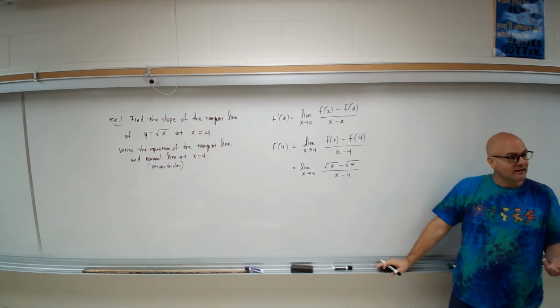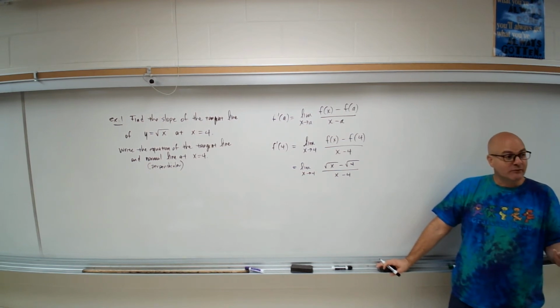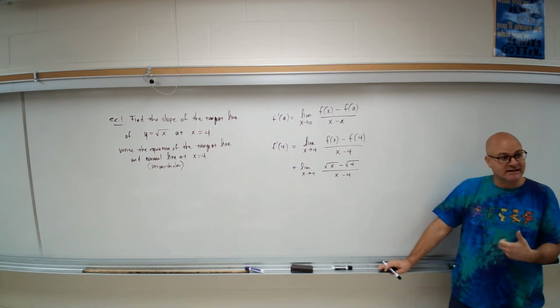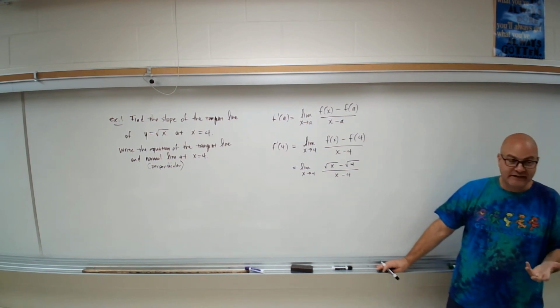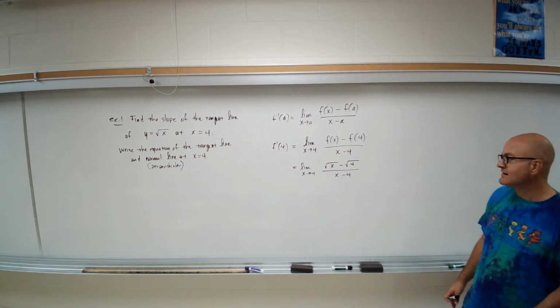You do need to write the limits out here. We're finding these slopes of tangent lines using the limit definition of derivative. If you happen to know some derivative rules, which some of you probably do, we don't get to use them yet because we're using the limit definition. So we have to go through this process. It's really not about finding the answer. There's a lot easier ways to find the answer. We're working on the process here.